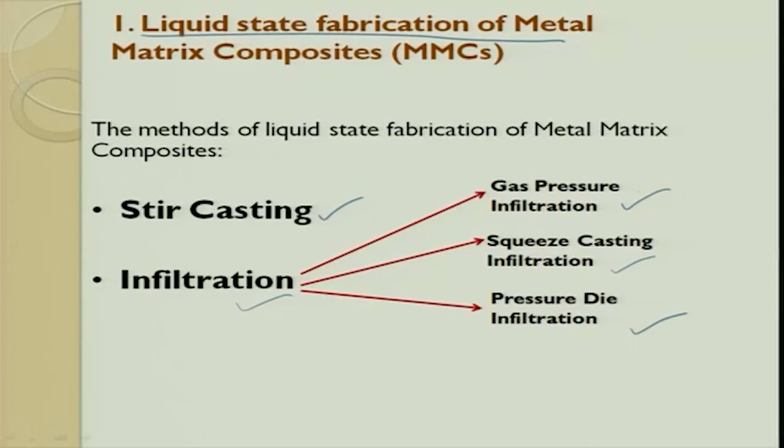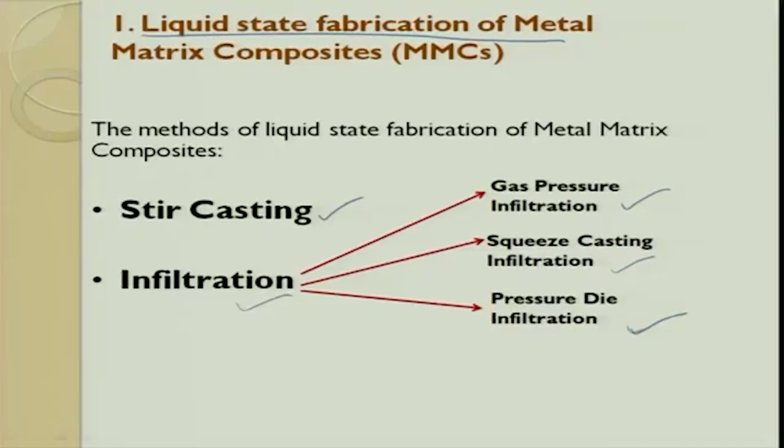In gas, we apply gas pressure on top of it, and we make sure that wherever there is a space in the ceramic preform, the metal gets diffused. What is diffusion? Diffusion always happens when there is a concentration difference. Squeeze is where we apply pressure, mechanical force, and squeeze it.